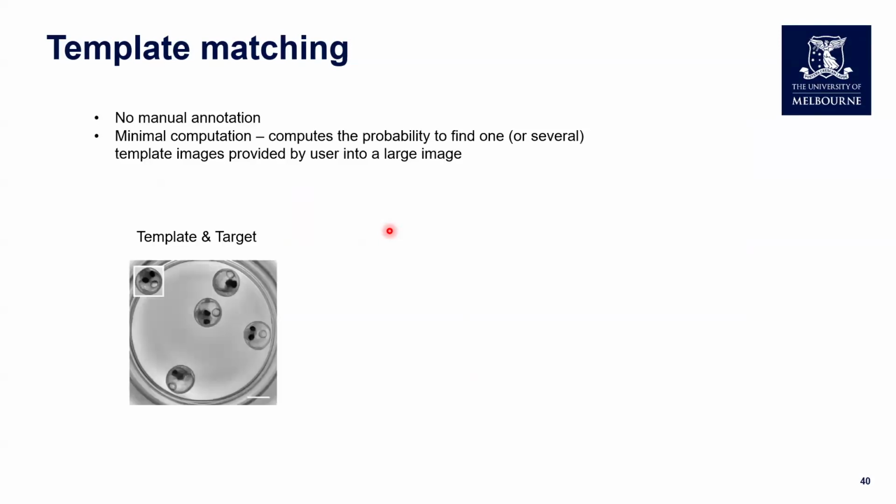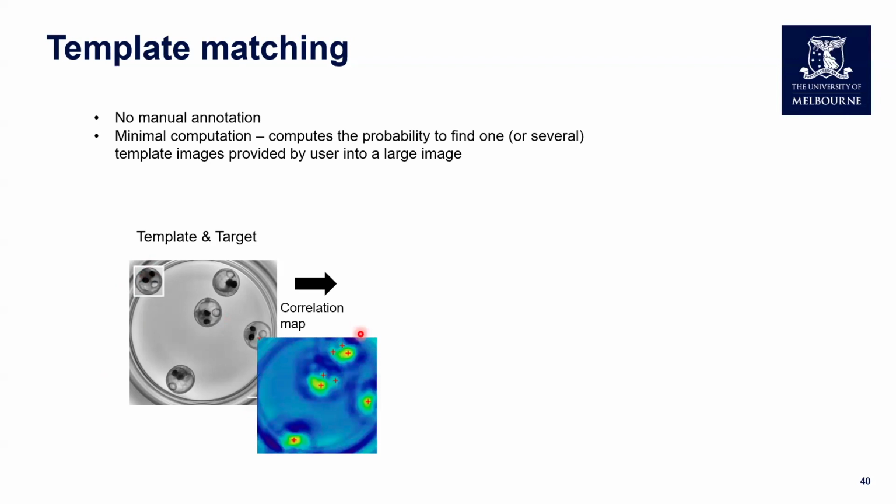And kind of the last one, which is a slightly different way of doing object segmentation in computational approaches, is a tool called template matching. This method doesn't require any manual annotations, but it works in a way that you're providing either one or multiple template images, like you can see in this small inset, and also you provide a target image where you want to find a similar structure.